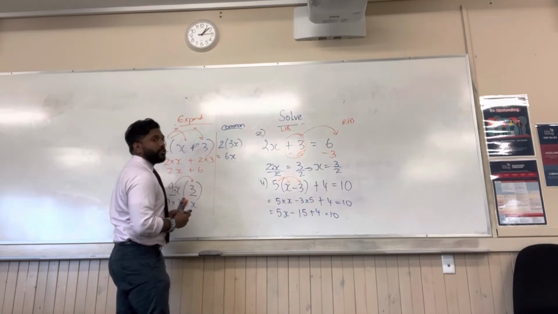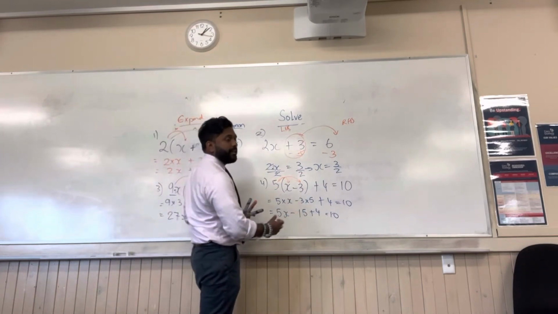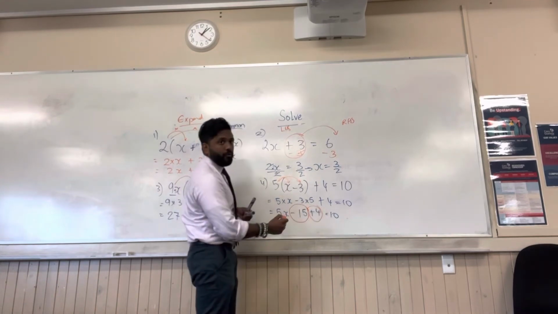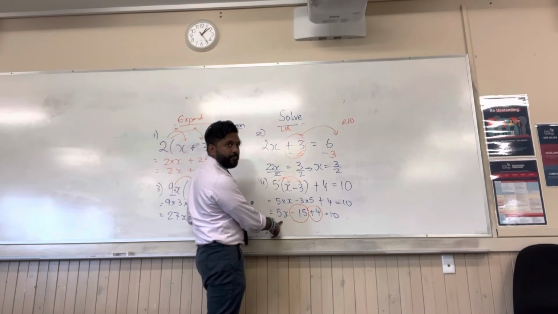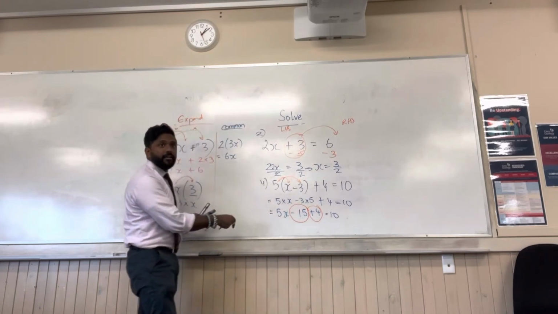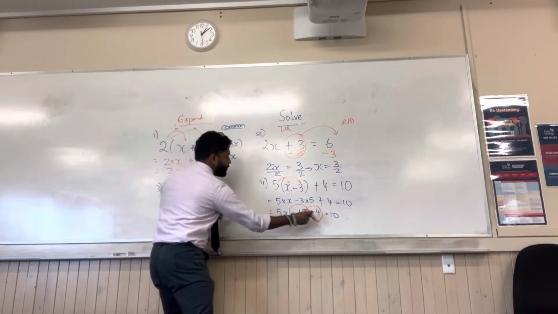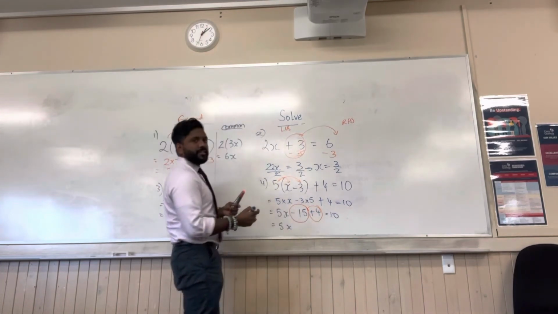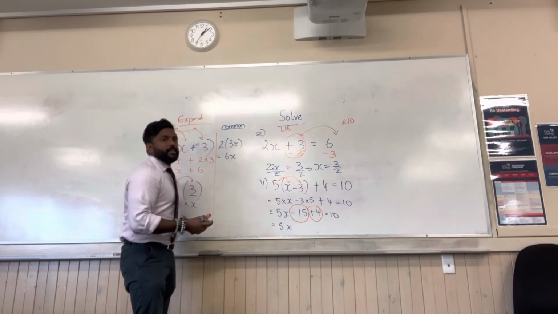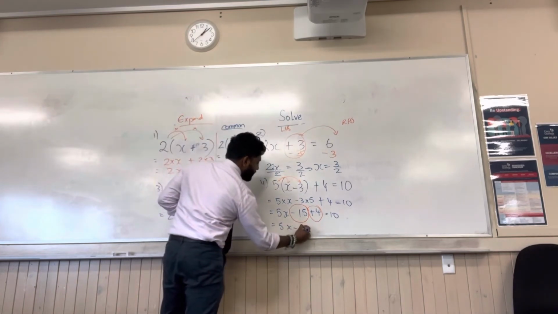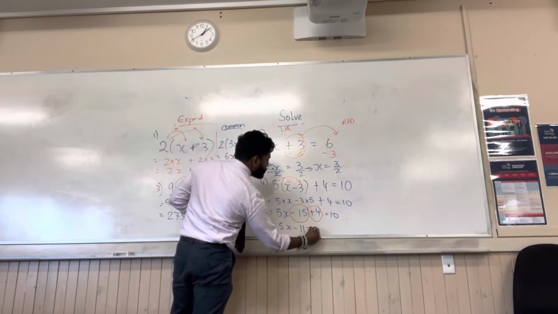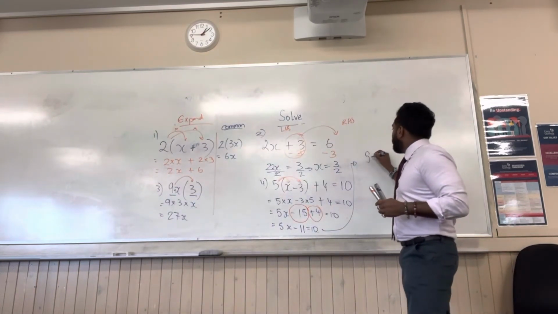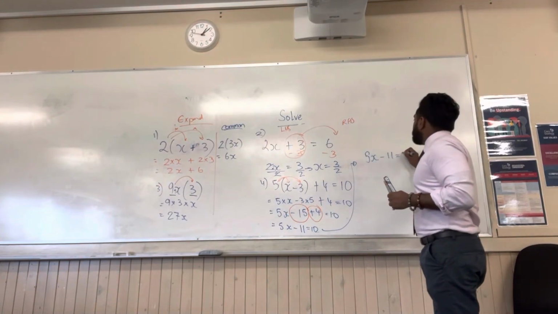You are going to collect your like terms. What are your like terms here? Minus 15 and 4. This is not a like term. This has an x, right? You can't bring this together with this. What are you now left with? 5x. What's minus 15 plus 4? Minus 11 equals 10. You're left with 5x minus 11 equals 10.